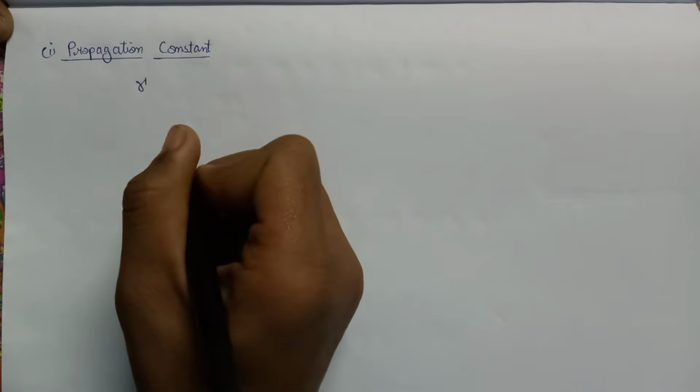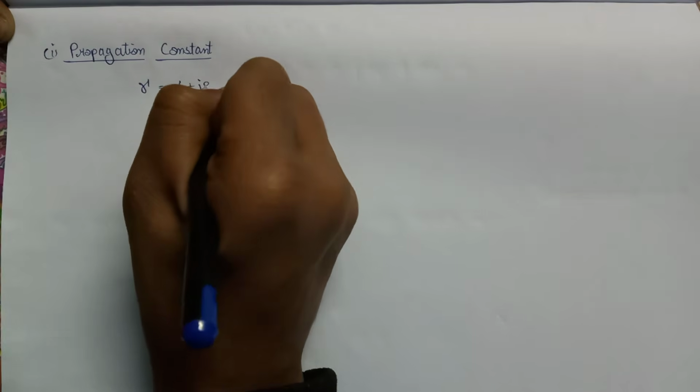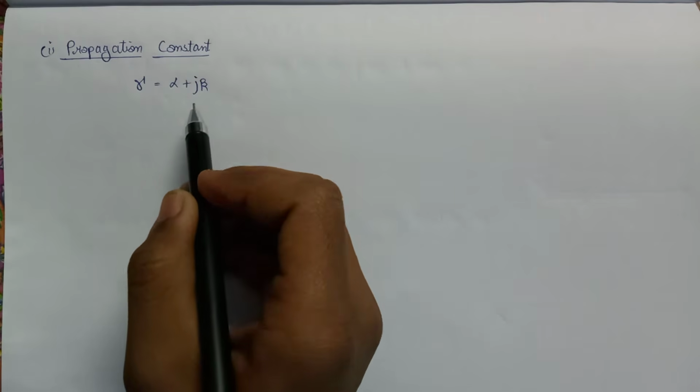Now let us have a look at some parameters associated with the wave equation. The first parameter associated with the wave equation is the propagation constant. We know that the propagation constant is denoted by gamma, and the expression for gamma is alpha plus j beta. Here alpha is the attenuation constant and beta is the phase constant.